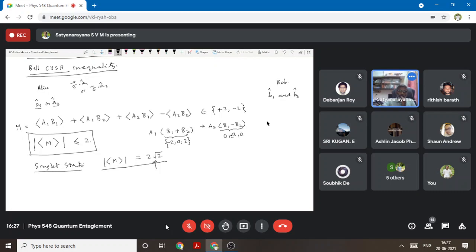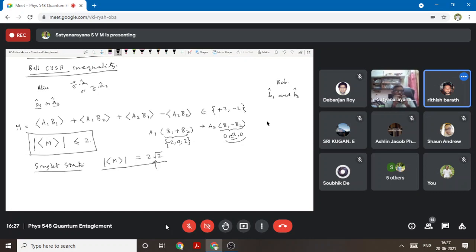So only one of them will contribute, so that the entire result is always either plus 2 or minus 2. It is actually constructed in that fashion, to be bounded by 2, not more than 2, obviously.